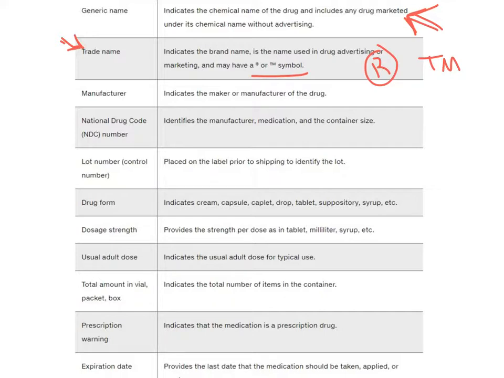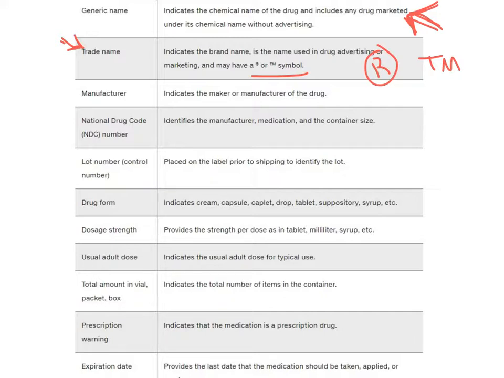The generic is ibuprofen, so ibuprofen will definitely be written on that medication as well. But if you buy Kroger brand ibuprofen, you may not see Advil written on there, because it is the generic. Generic is the non-proprietary medication for that drug, the chemical name of the drug, and includes any drug marketed under its chemical name without the advertising.